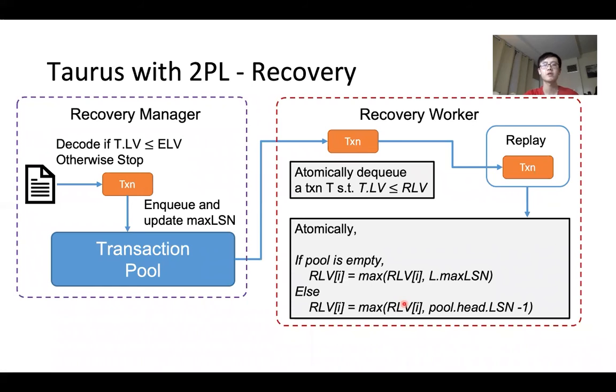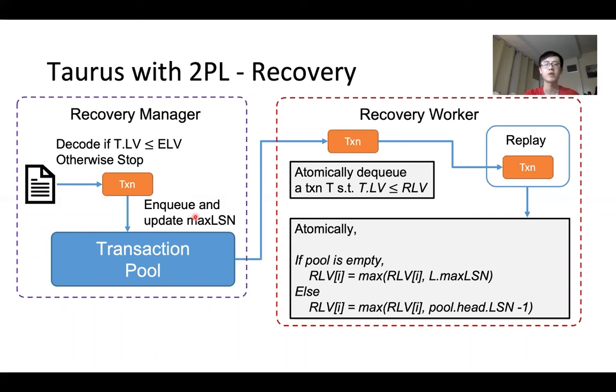So the flow of the recovery basically looks like this. We have a recovery manager per log and a bunch of recovery workers per manager. The recovery manager will decode transactions from the file and push them into the transaction pool.